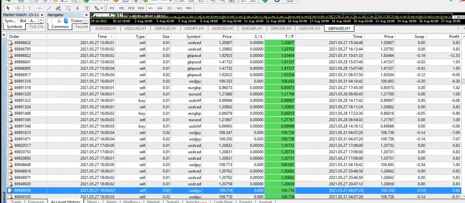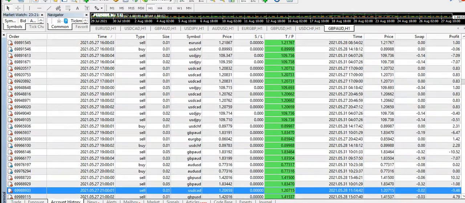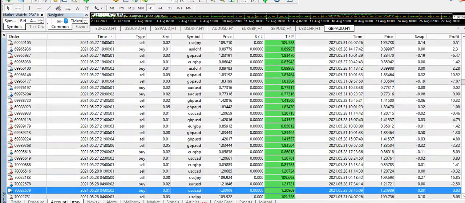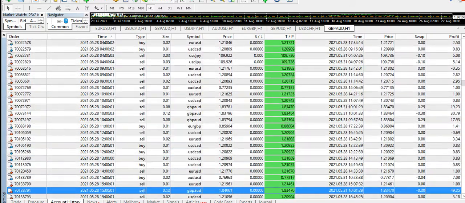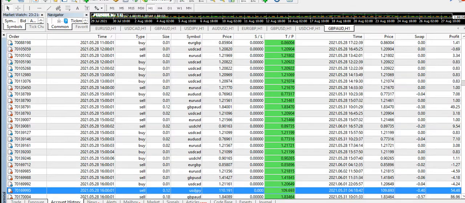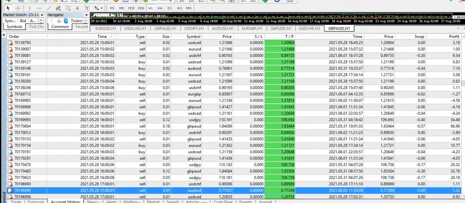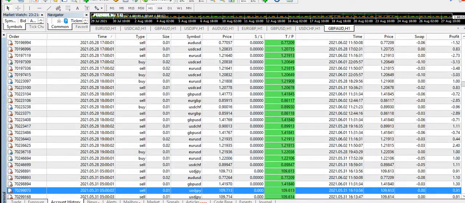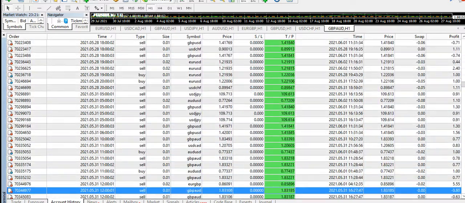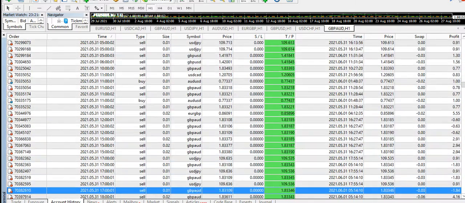So I'm going slowly. You can just see each of the trades there. I generally used to create a report, but unfortunately I was not able to make the video when I changed from this robot to some other robot to test.